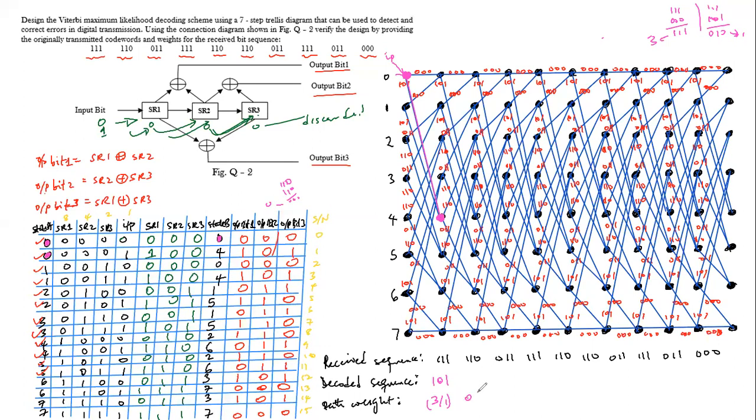Or we could come downward, which is 011, that's 111, so 3. So the path weights are 0 over 3. Definitely we're going to go upward, and that's 110. So no error in that code word.